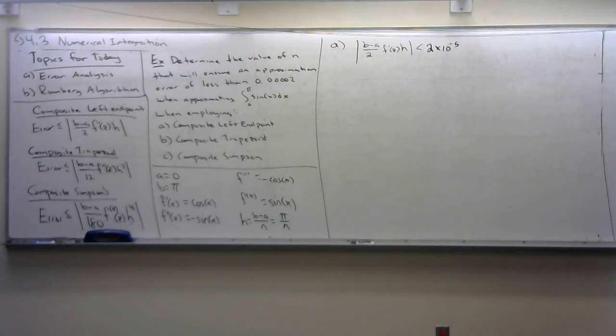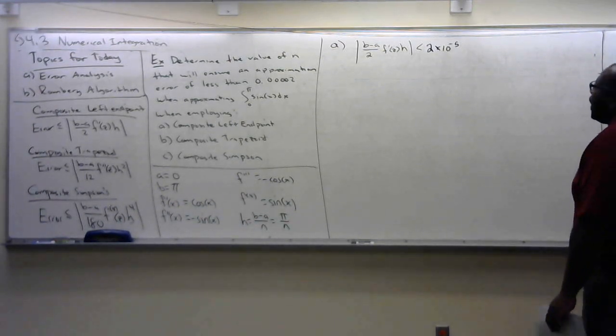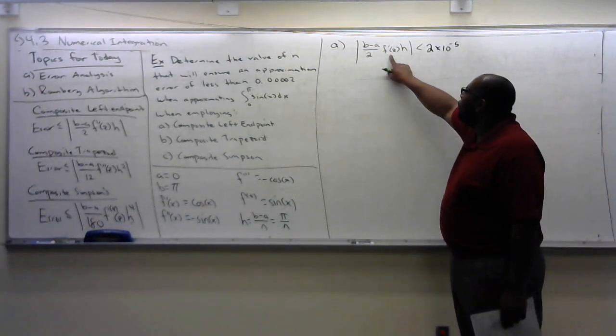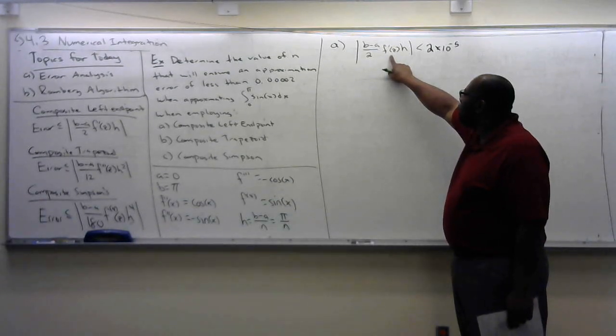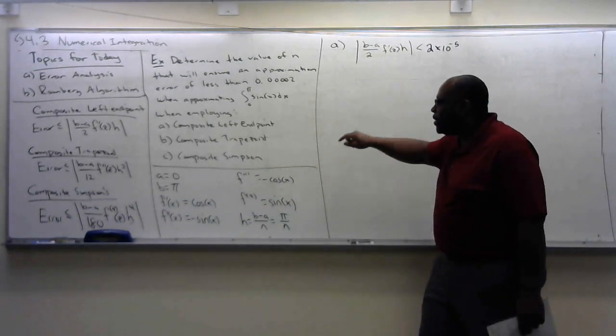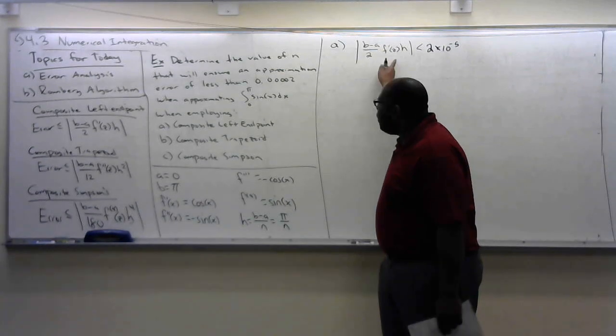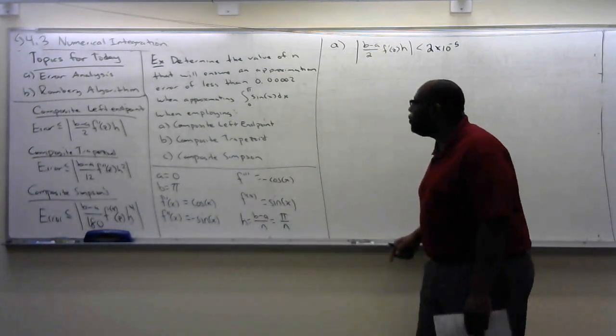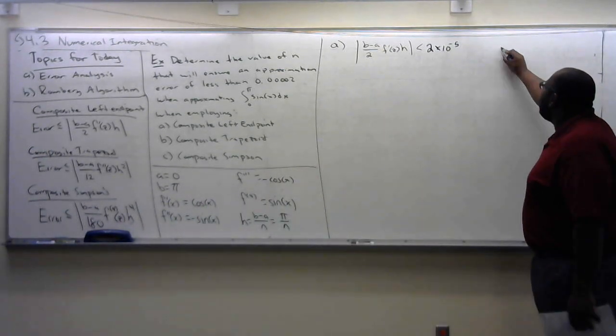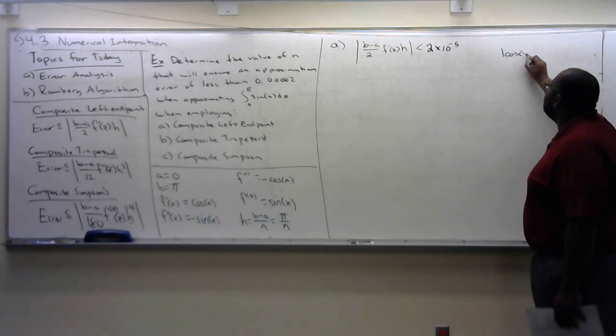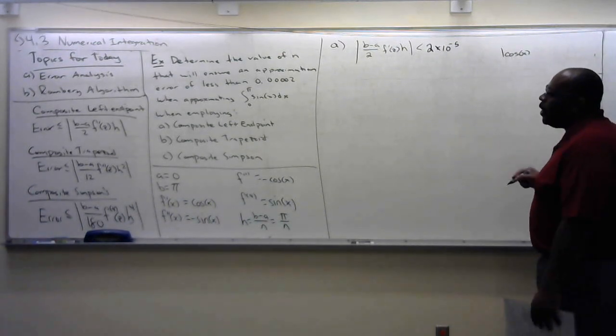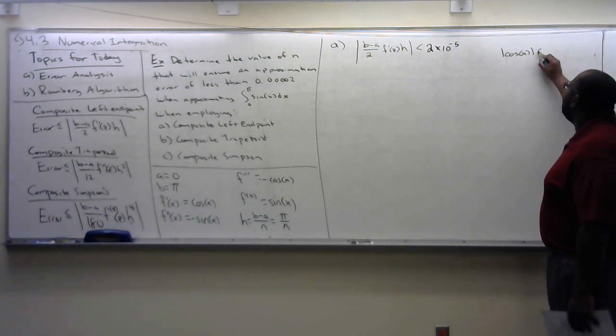We have our pieces. Remember that I need to choose my value z so that it maximizes my derivative. And of course, we know that the absolute value of cosine of x, which is the derivative of f, has to be less than or equal to 1.